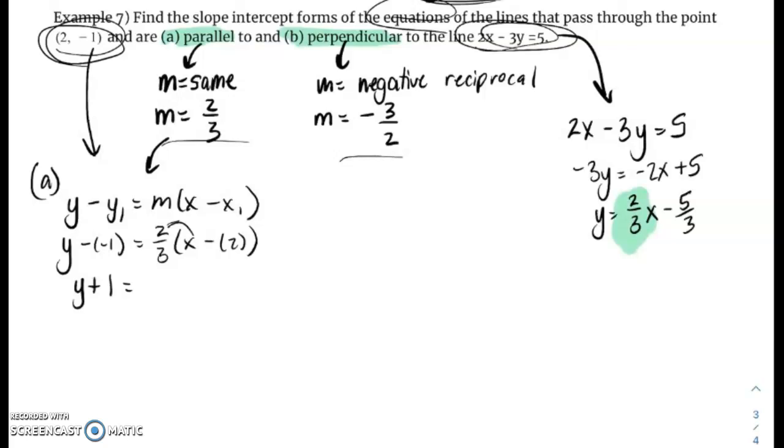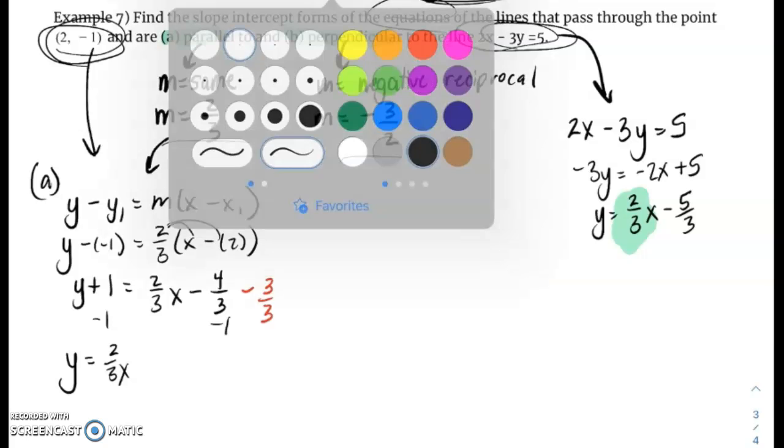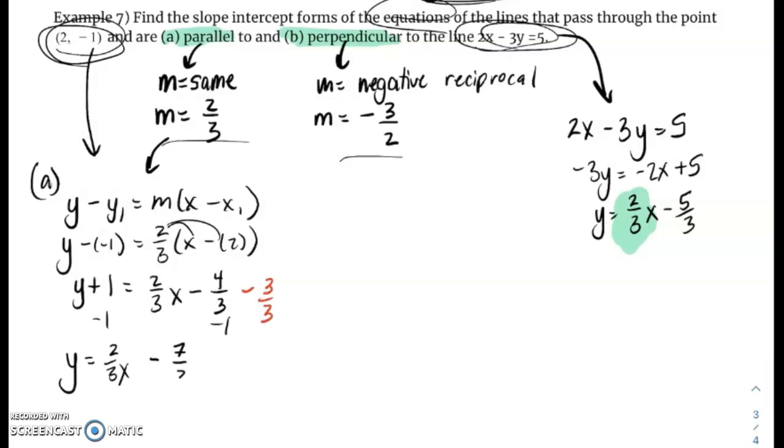I'm going to distribute 2/3. That's going to be -4/3 when you distribute. And then I'm going to subtract 1. So 2/3 x. Now when you subtract 1, you'll want a common denominator. So 1 is like subtracting 3/3. So I get -7/3 for the y-intercept. Okay, so that is a parallel line to the original line.